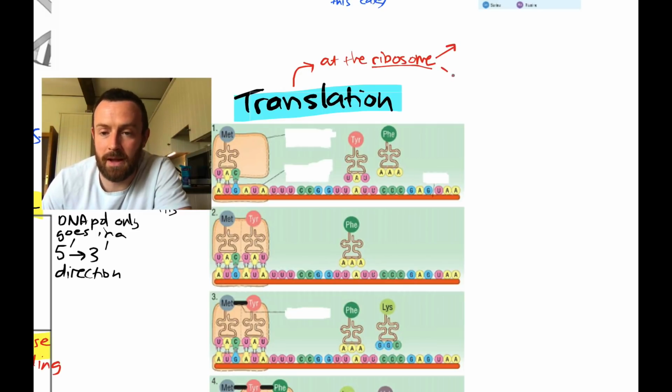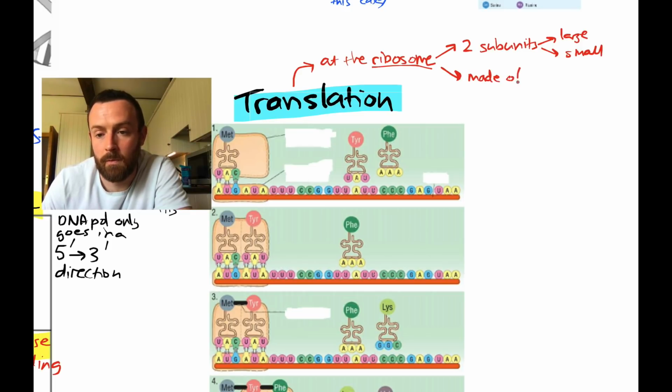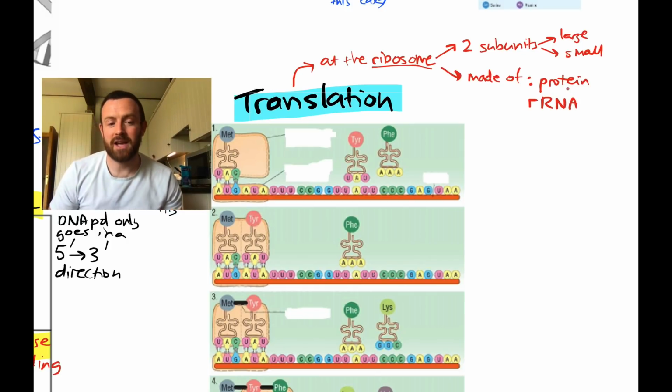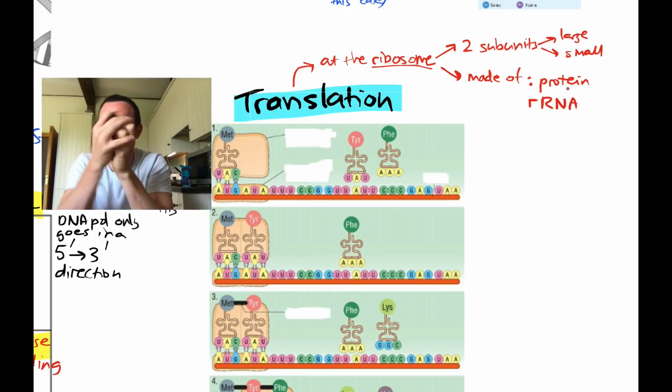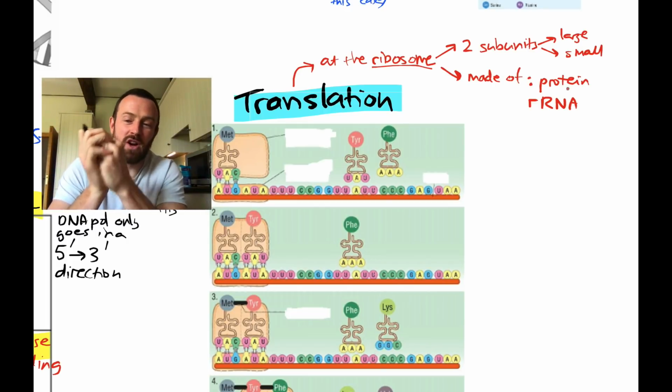A couple of things about it. It's got 2 subunits, large and small, and it's made of protein and something called ribosomal RNA. And that is just a structural RNA. So RNA coiled up in a big tight ball that gives the ribosome structure.